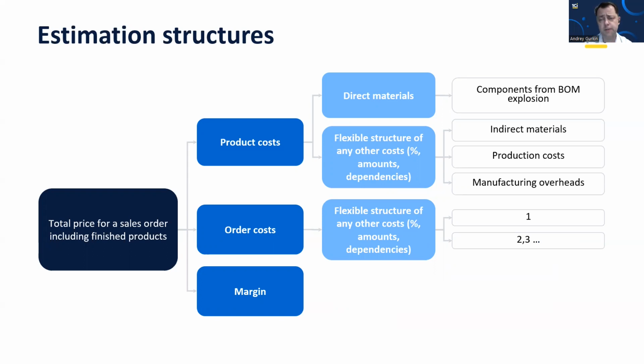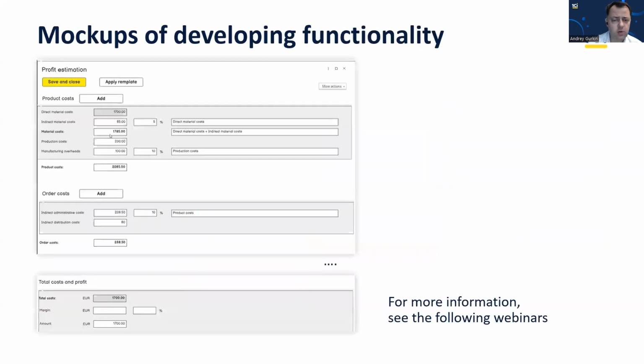In this example, you can see direct materials, production costs, manufacturing overheads, transportation modes, any other additional costs that you want. You can use different types of calculations, I mean percentage, amounts, dependencies, etc. And we have another big section for the order cost itself, with any other structure within it.